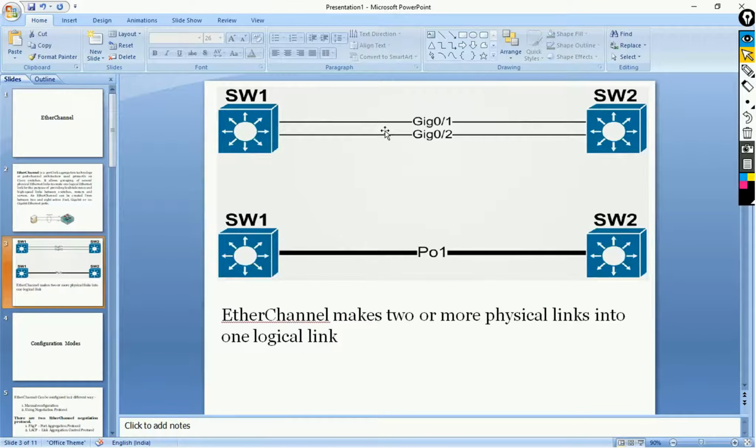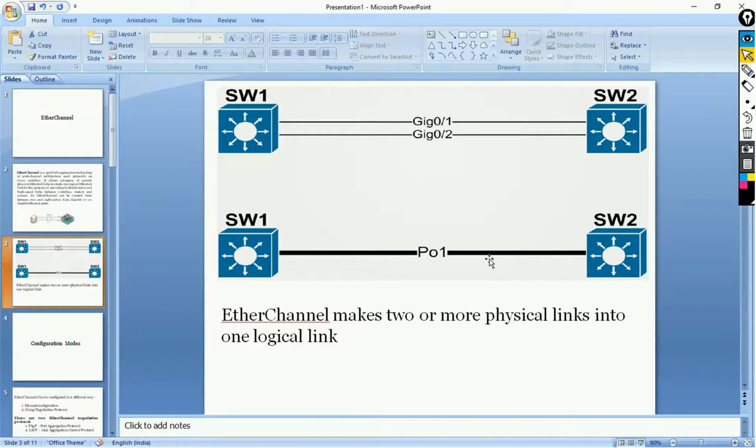Now this diagram will help you understand a little bit more. This is the physical topology and this is the logical topology. This is the link that we're connecting physically, and after configuring EtherChannel, this is the result.